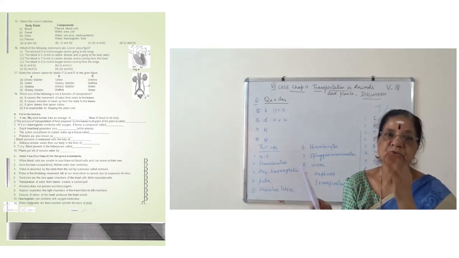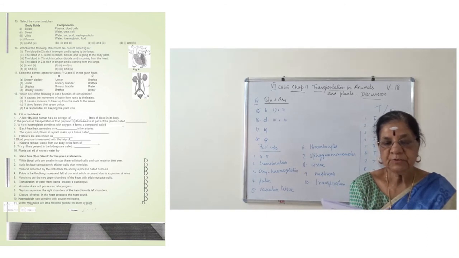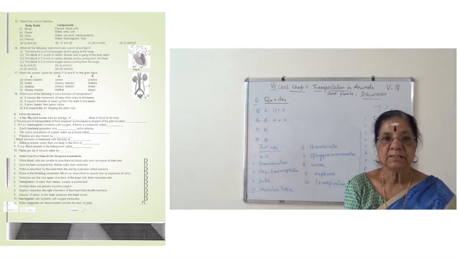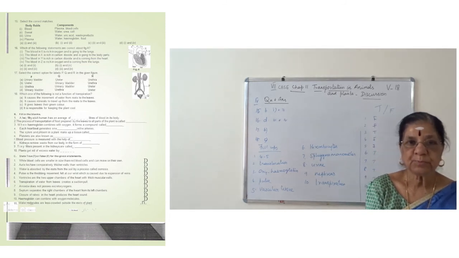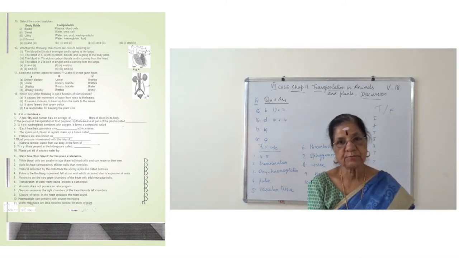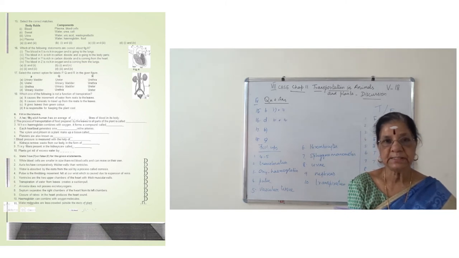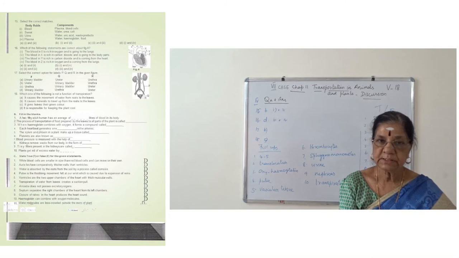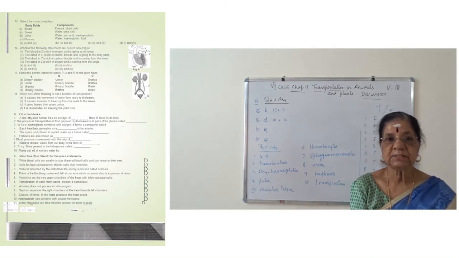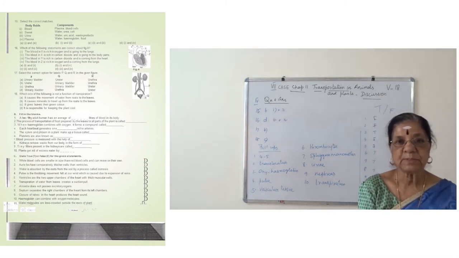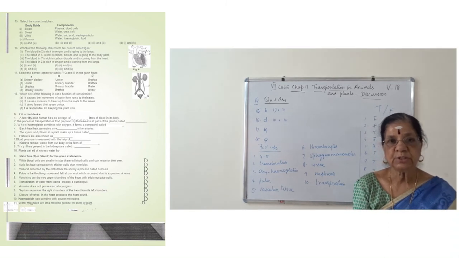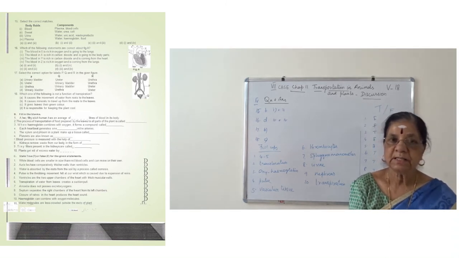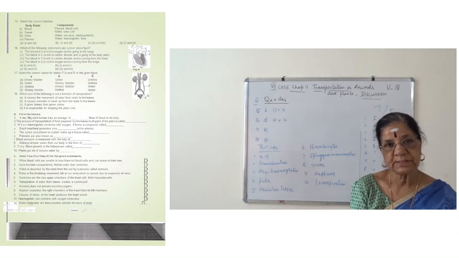Then question 18. Which one of the following is not a function of transpiration? Transpiration is evaporation of excess water from the leaves, mainly through the stomata. It is of three types: stomatal transpiration, cuticular transpiration and lenticular transpiration.